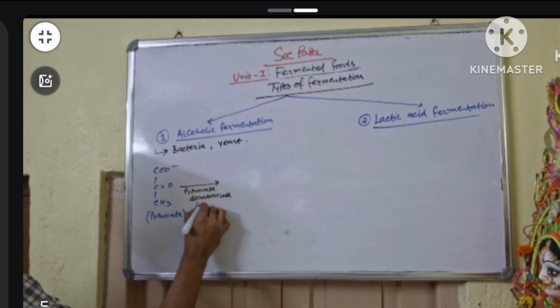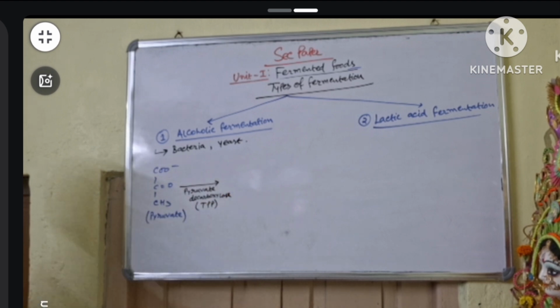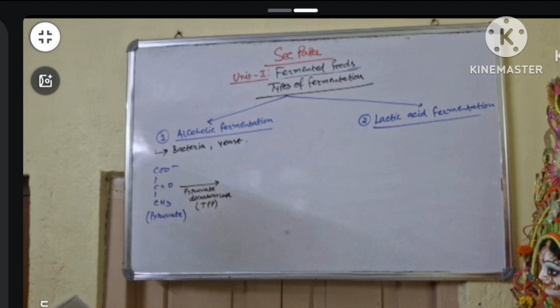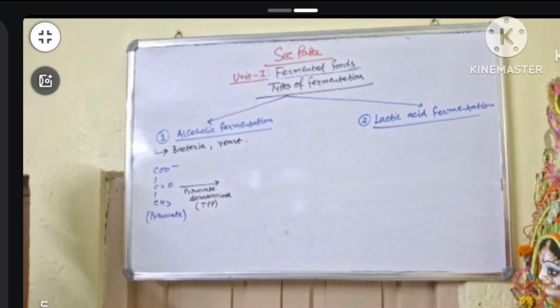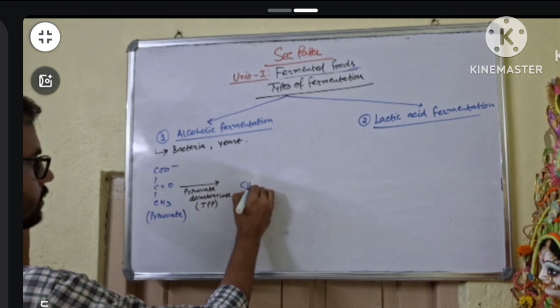Pyruvate decarboxylase needs TPP, thiamine pyrophosphate, as a coenzyme. Pyruvate is converted into acetaldehyde, CH3CHO.